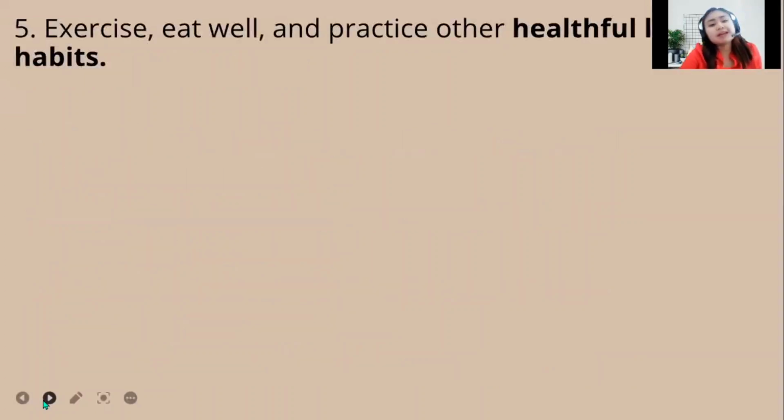Also, you have to exercise, eat well, and practice other healthful lifestyle habits. Avoid caffeine. Why? Too much consumption of caffeine, according to research, elevates your stress hormone. Okay? They elevate your cortisol, that is responsible for elevating your stress level too.